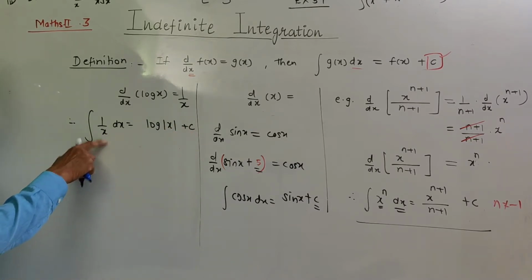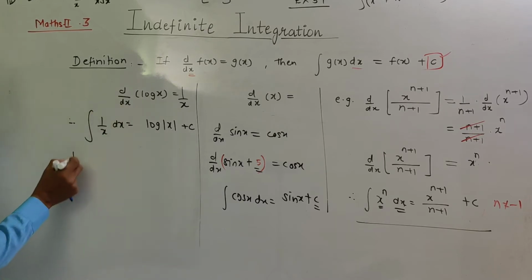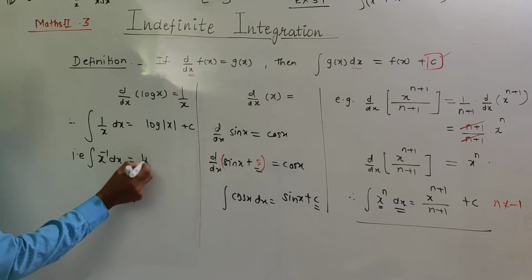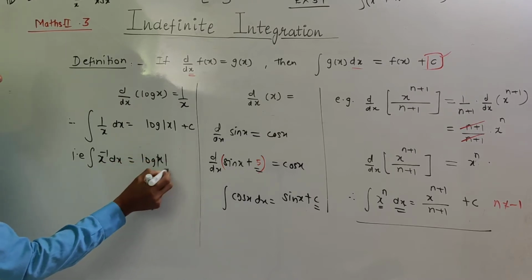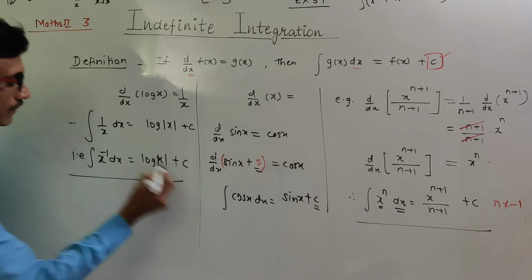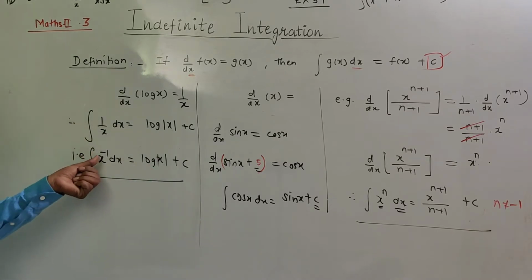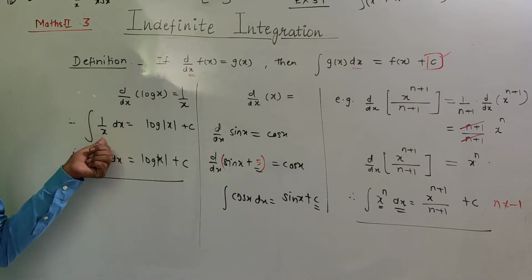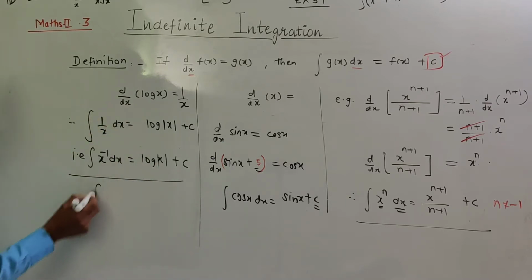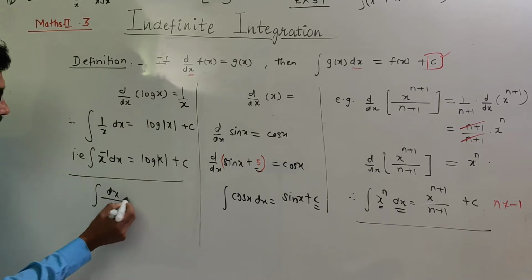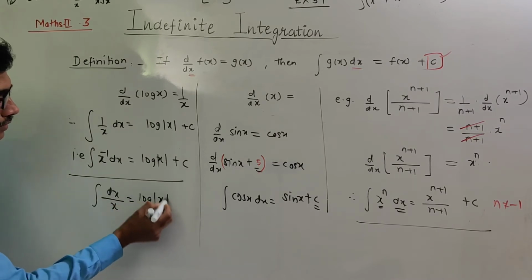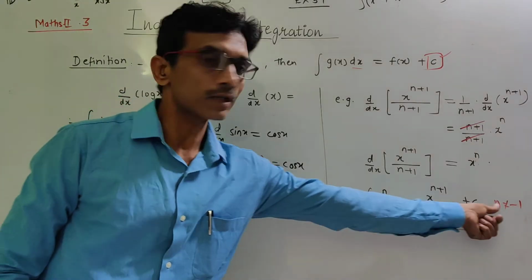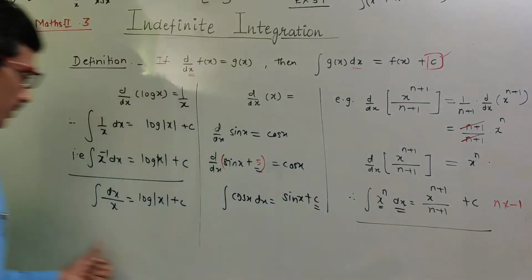You can also write the integral of x raised to power minus 1 dx is log x plus c, or the integral of dx upon x is equal to log x plus c. So n is not equal to minus 1 here; we have a separate result for that.